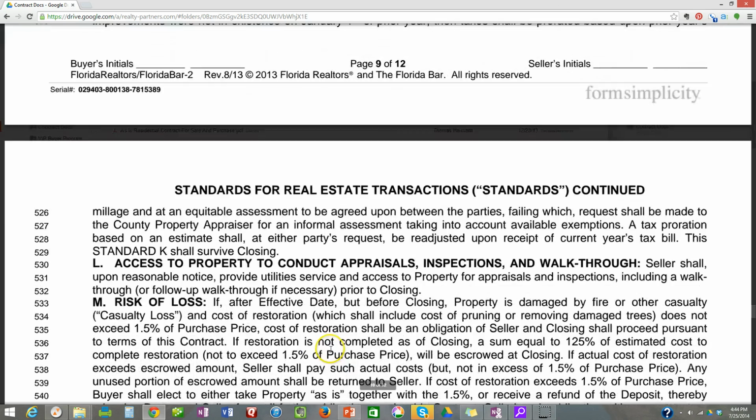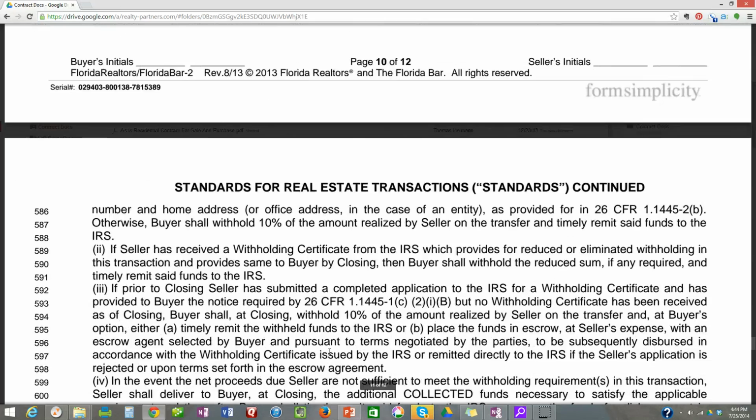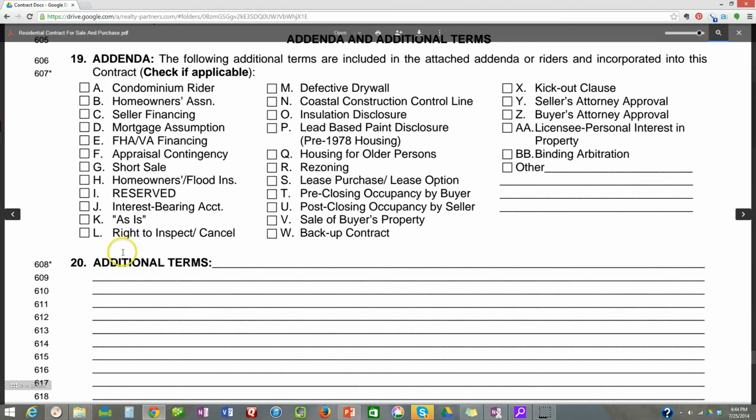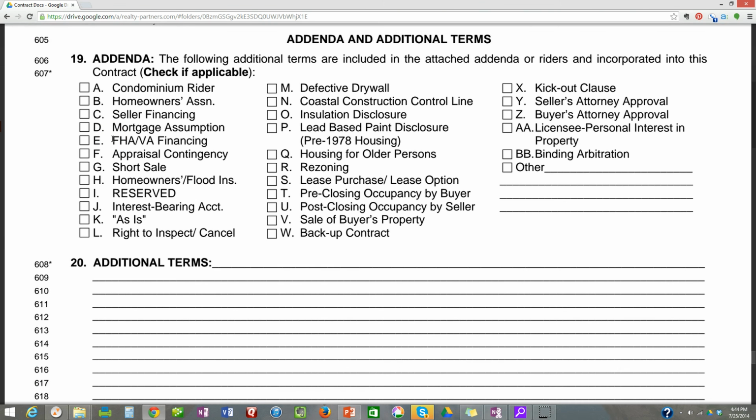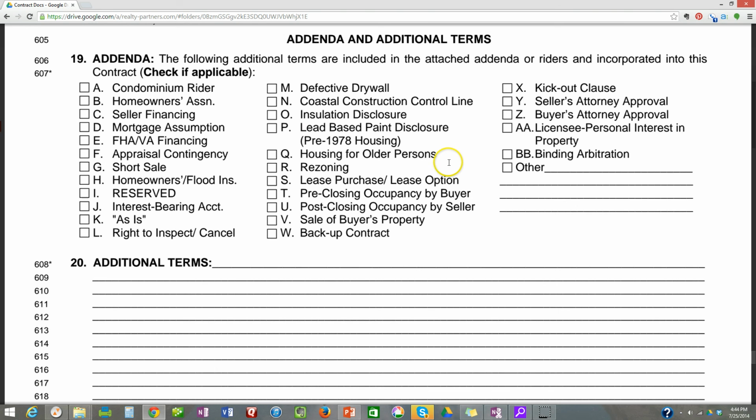And when we get to the very end of it here, we have our list of addendums again. And one thing that you're going to find here is as is and right to inspect and cancel. So there are additional addendums that you can attach to the standard sale and purchase contract that would give you the net result of having an as-is contract or having the ability to have right to inspect and cancel.